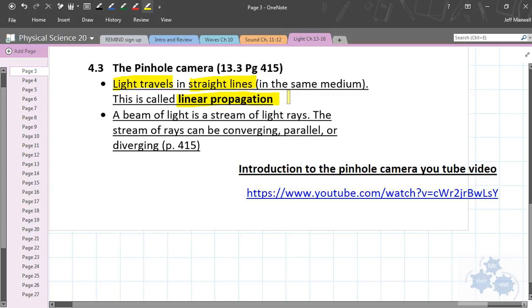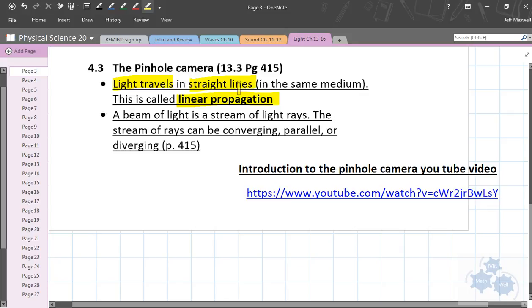A beam of light is a stream of light rays. Someone asked me the other day about the difference between a beam and a ray. They're very similar. In our common language, we're going to talk about a beam of light being a collection of smaller light rays. If you think about a line, it is like an infinitely small collection of points that make a line.